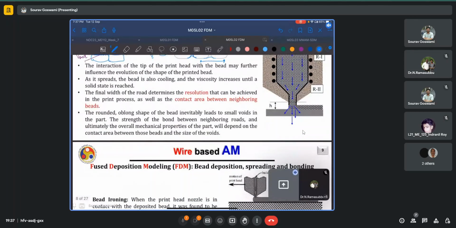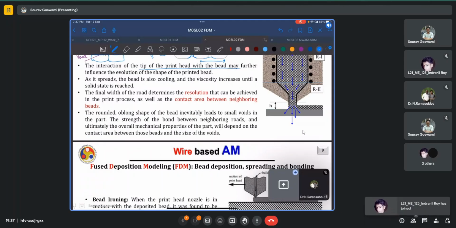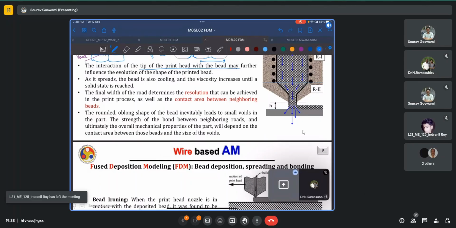Also, the interaction of the deposition head tip with the bead may further influence the evolution of the shape of the printed bead. If it is in contact with the deposited track, if it irons the deposited track or does some in situ deformation process on it, the final characteristics of the deposited bead will change.